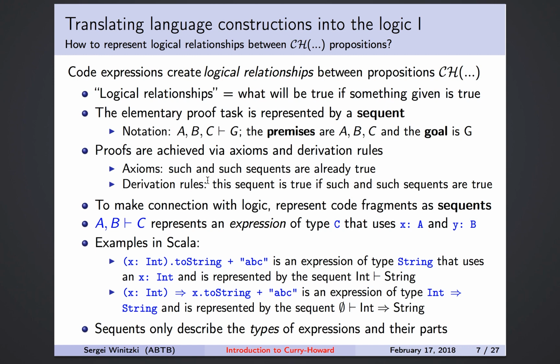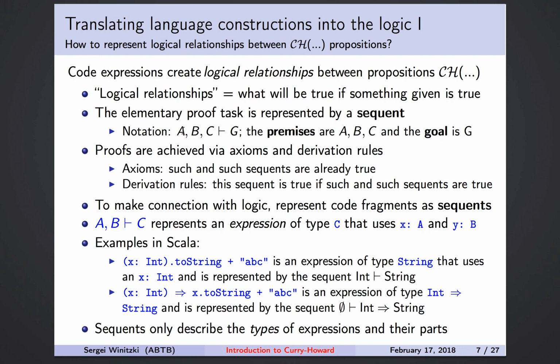And derivation rules would mean a list of rules saying that a certain sequent would be true or would be derived if certain other sequents are already derived previously. So these are the rules of derivation. Which sequent can we derive given that some other sequents are already proved?